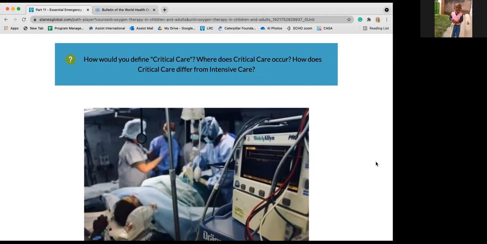Probably Daniel was defining. Daria also said it is the same as intensive care unit. Critical care is the same as intensive care with little difference that intensive care, the patient need more acute care.